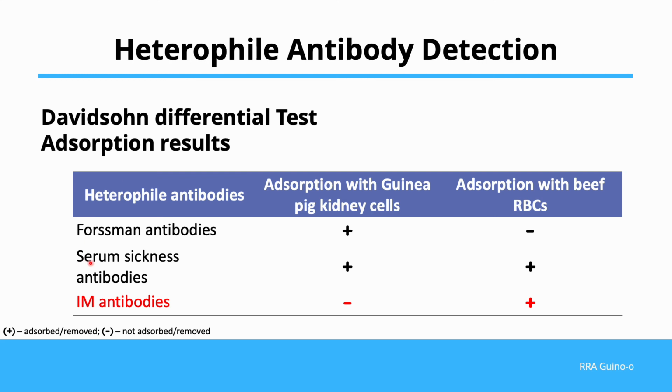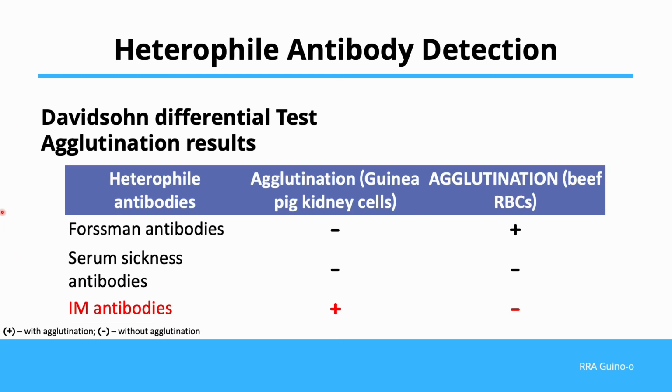Meanwhile, serum sickness antibodies are adsorbed by both guinea pig kidney cells and our beef red blood cells. And lastly, infectious mononucleosis antibodies are not adsorbed by guinea pig kidney cells, but are adsorbed with beef red blood cells. So just a recap, once these antibodies are adsorbed by these different cells, they are no longer able to agglutinate our sheep red blood cells.